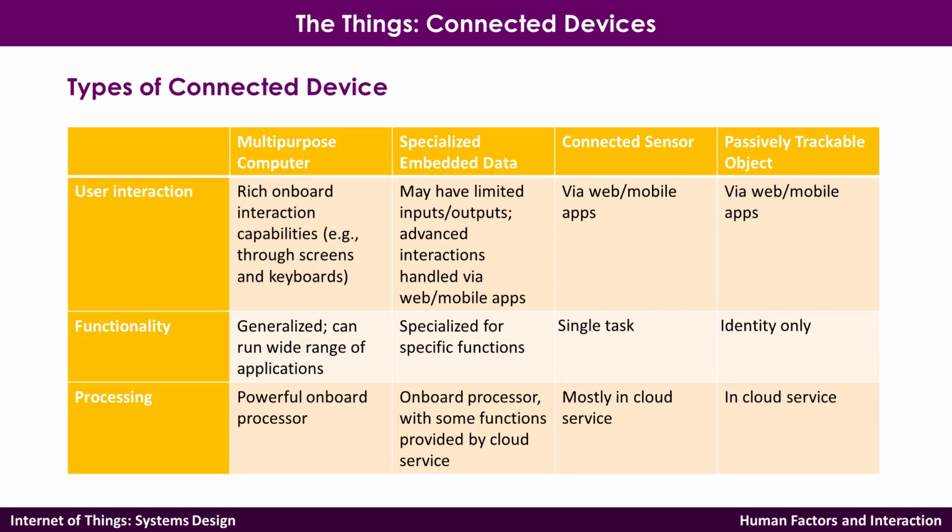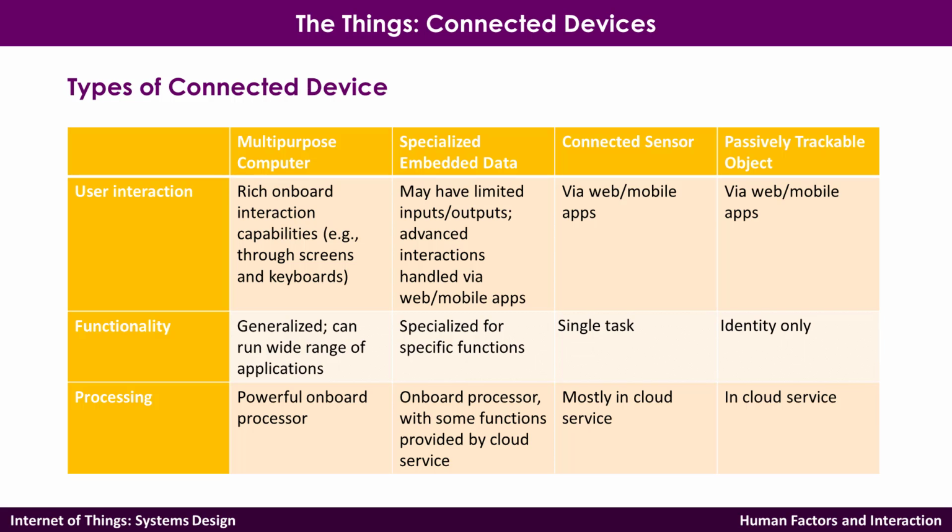But when we move to specialized embedded devices, these inputs are very much limited, and most probably you will be interacting with them with very few hardware buttons or some kind of tangible interface, or most likely through a mobile or a web interface.